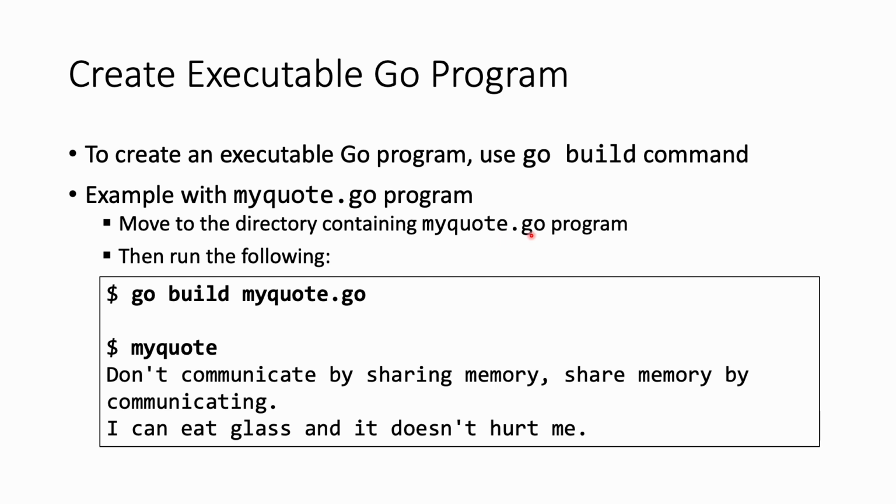Then we run the command go build mycode.go. When the command is done, the executable program named mycode is created, and you can simply type mycode on the command line to run the program. So this is the output of the mycode program.